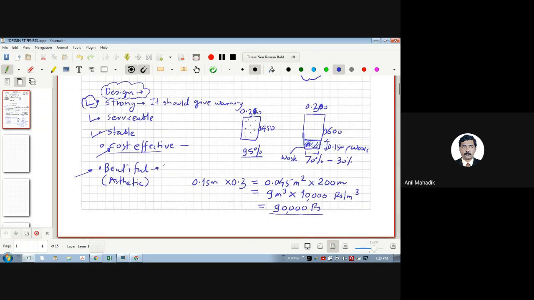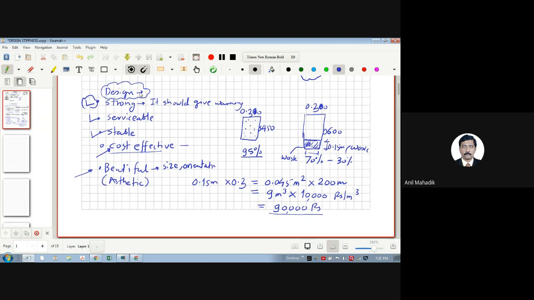So size selection is also important whenever you take any decision regarding the size of beams and columns. The orientation and size should be such that the structure will look beautiful in all respects. It may be elevation, it may be the interior part. The arrangement of the material, the size and orientation of the material should really give beauty to the structure.